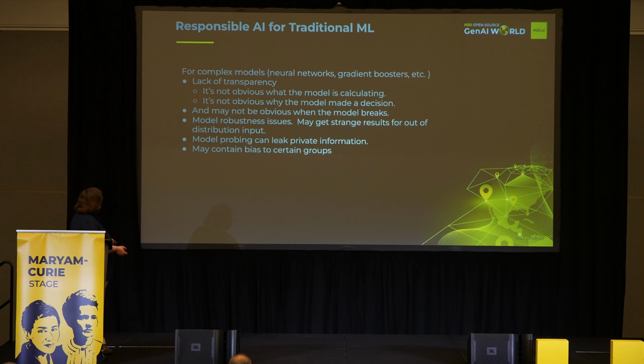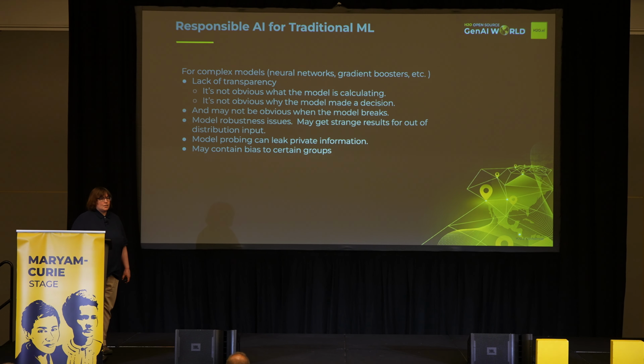Similar to supervised models, we also run into robustness issues if you feed it something that's not similar to the training set. You may get some strange results that would be analogous to hallucinations that we see for LLMs. Model probing for supervised methods can be used to obtain information about the training set, which could be private.